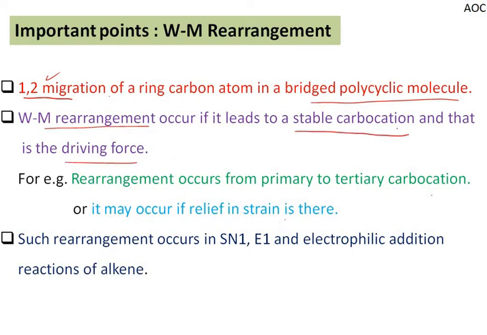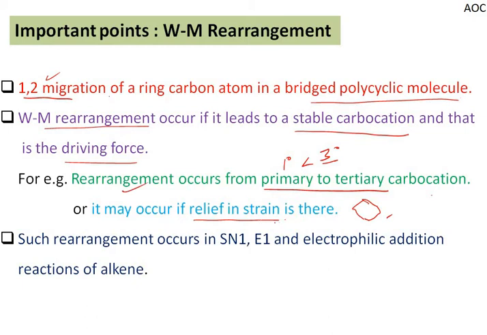Only when there is stability, whenever you are changing a primary carbocation to a tertiary carbocation, there will be a rearrangement, right? Also, if there is a ring, and there is strain in the ring, and that strain can be relieved, then also the rearrangement will occur.